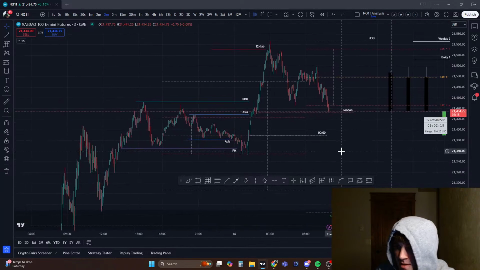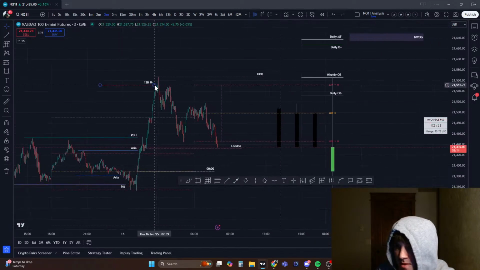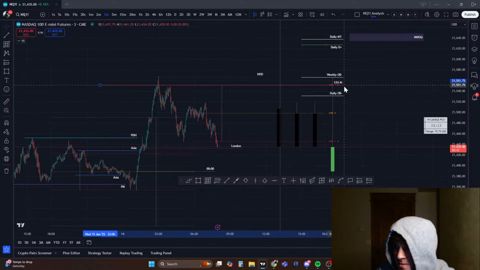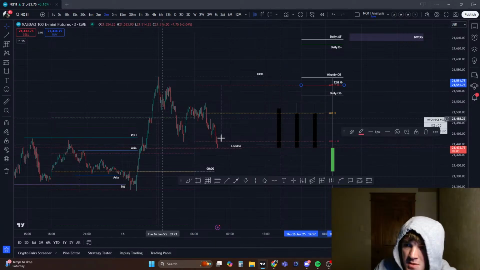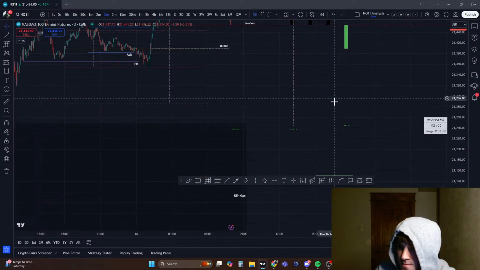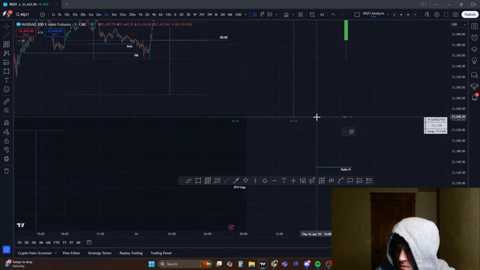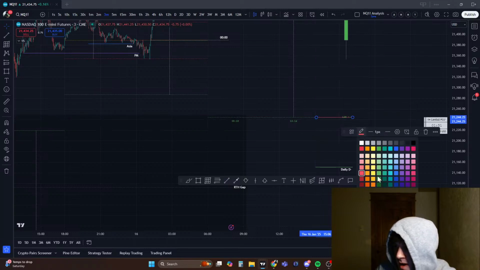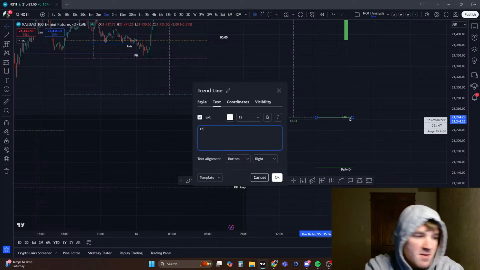Still not super clear. Actually, let's just bring this over here. Yeah, it's still not clear to me yet, so we just got to keep doing some more analysis. We'll figure it out.